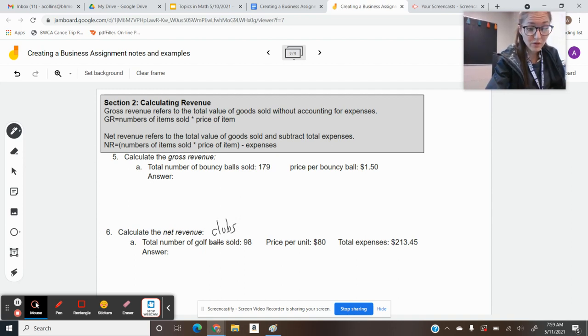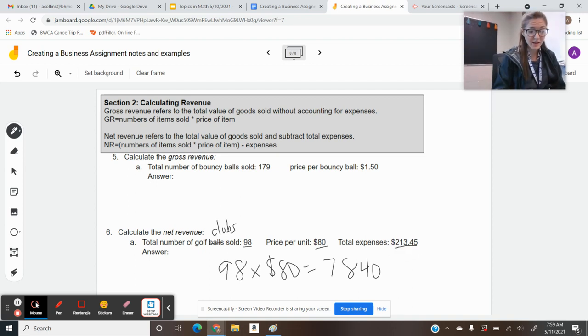So the number of golf clubs sold was 98. The price per golf club was $80. So first we're going to find that to figure out the gross revenue, and then we're going to calculate the total expenses to figure out the net revenue. So the gross revenue for this is $7,840, but net revenue accounts for the expenses.